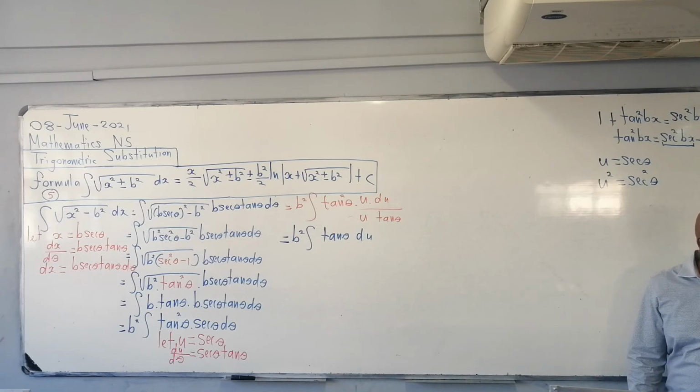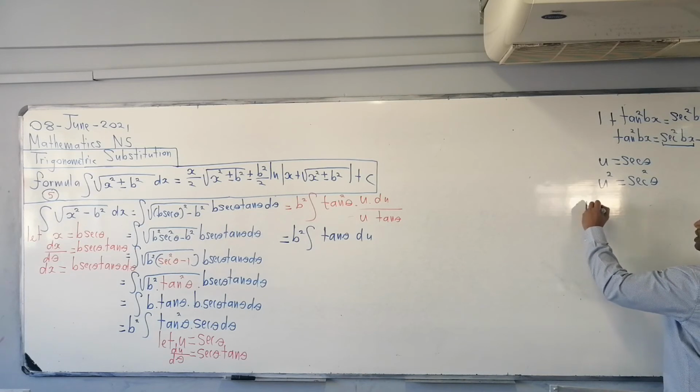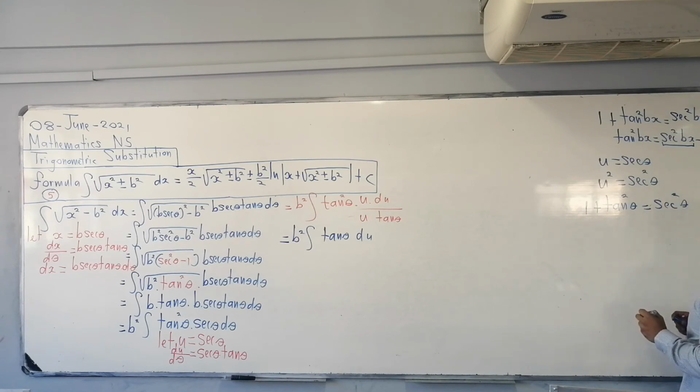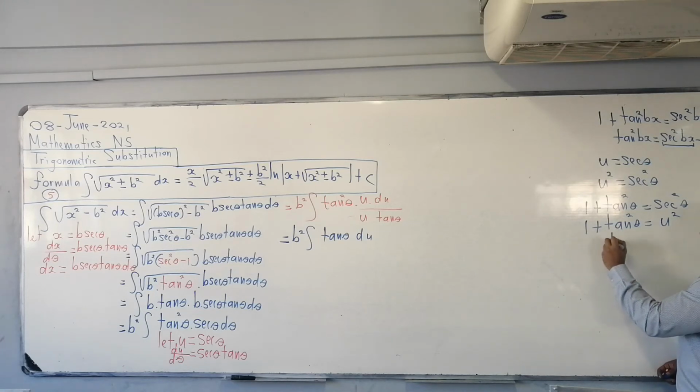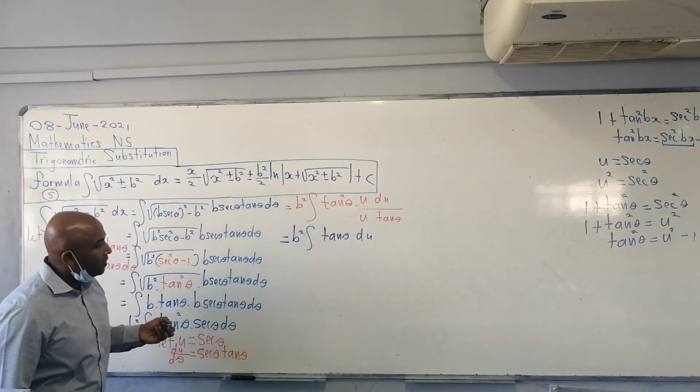So we know that 1 plus tan squared theta is equal to sec squared theta. That means 1 plus tan squared theta is equal to u squared. So that means tan squared theta is going to equal u squared minus 1.